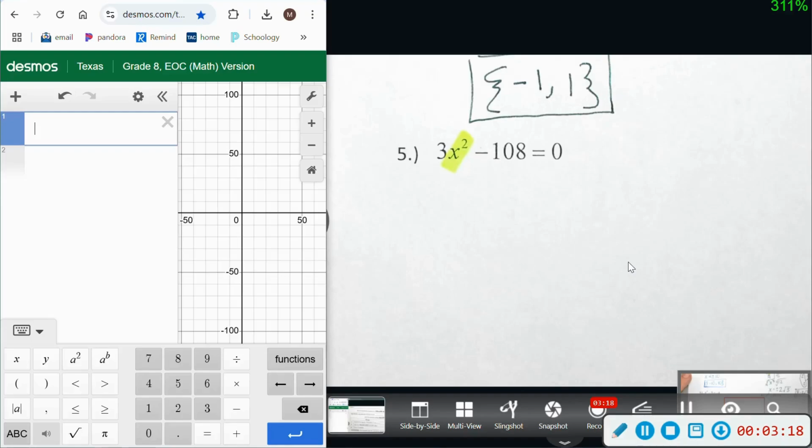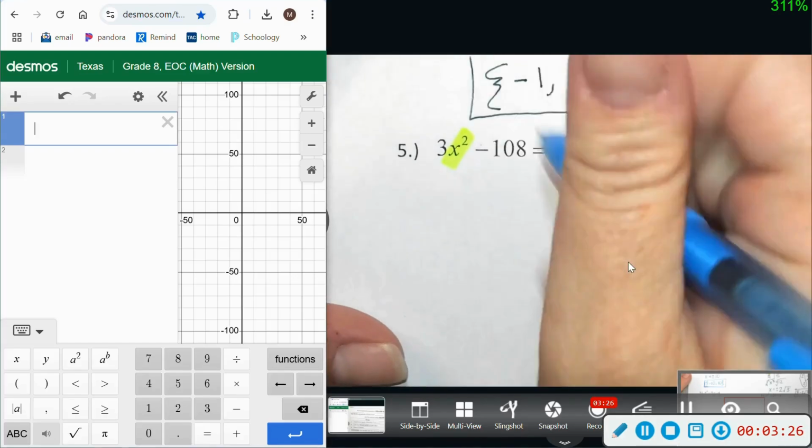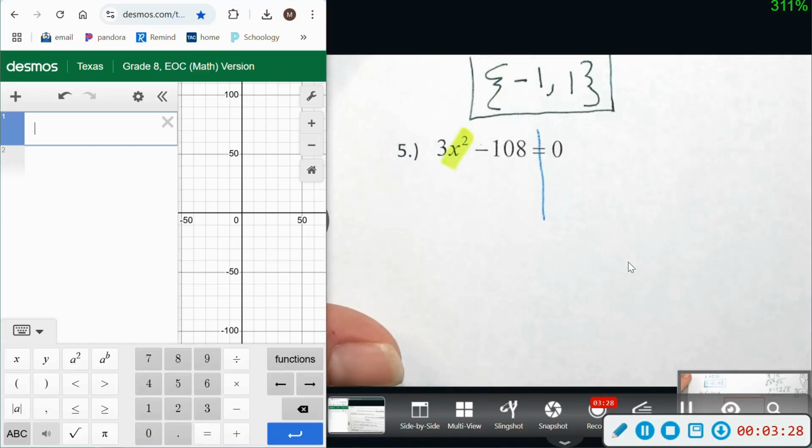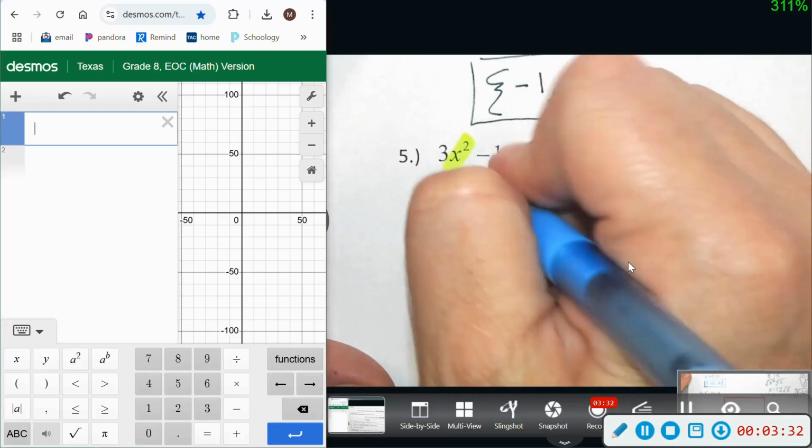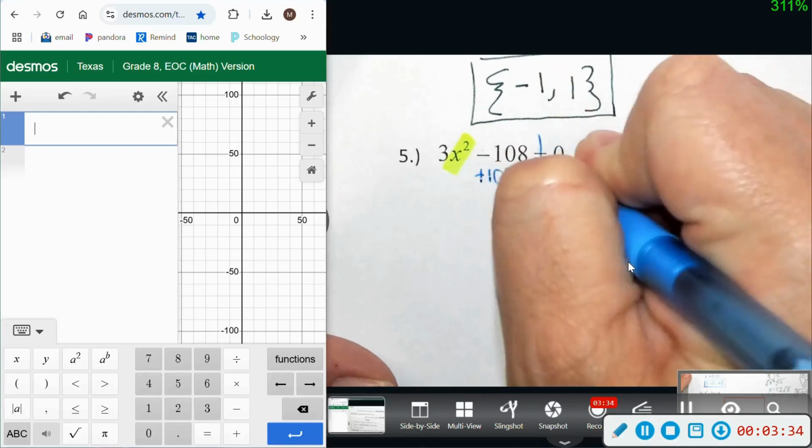Okay, so what do we do first? So plus 108 to both sides.